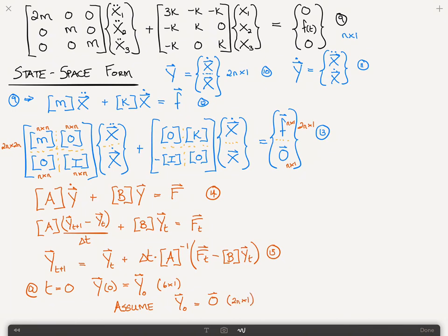Then we know everything else, and by picking an appropriate time step delta t, we can advance this solution step by step and calculate the state at the next step. Once we have the state at the next step, that becomes y of t, and we can plug this all in and advance it to the following time step after that.